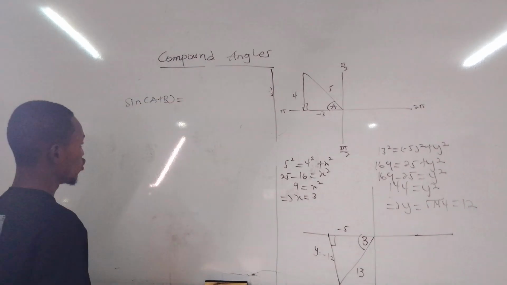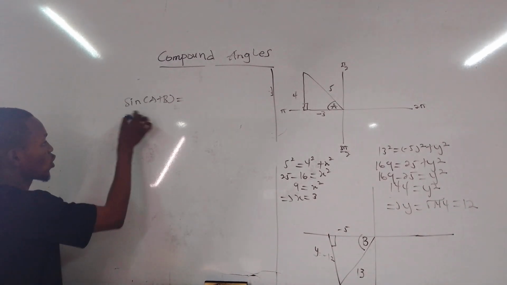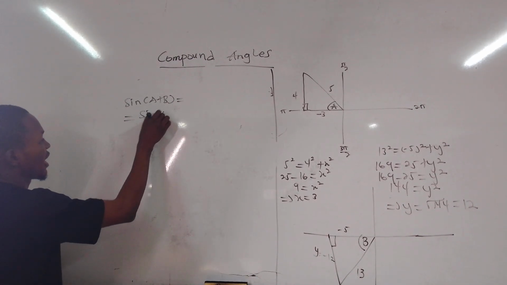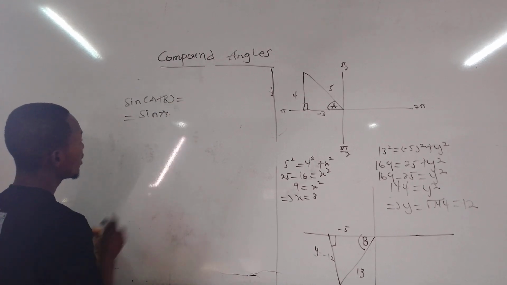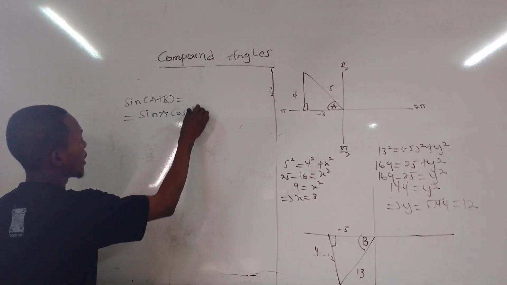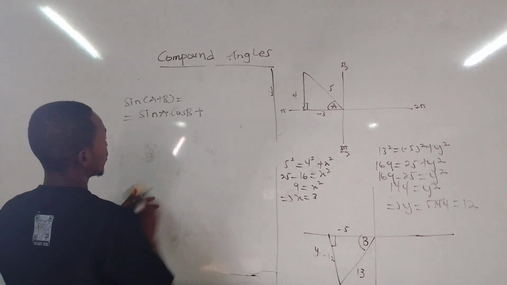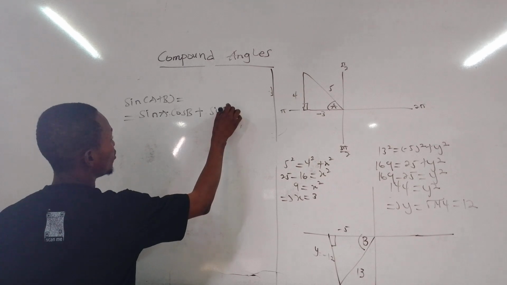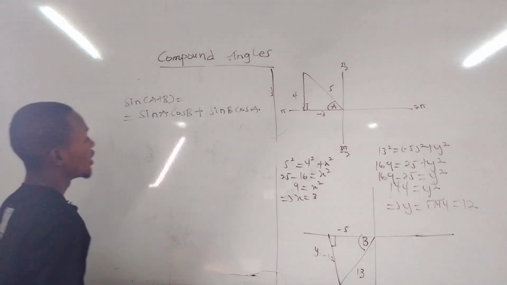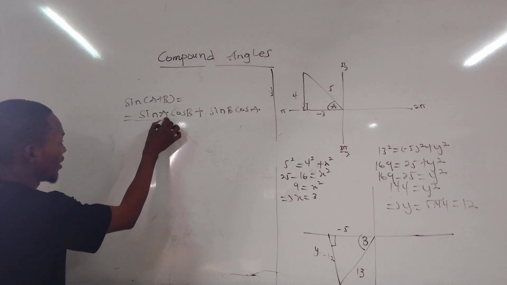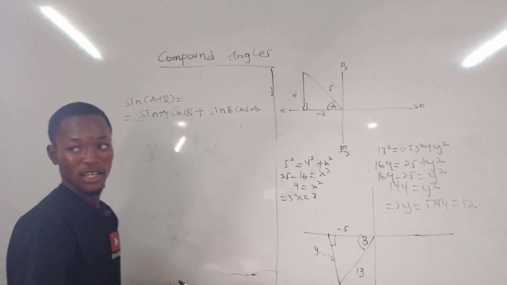So clearly we are going to use the compound angle formula for sine (A plus B), which is given as sine A cos B plus sine B cos A. That means we have to find these parameters: sine A, cos B, and we have to find the value of sine B and cos A.